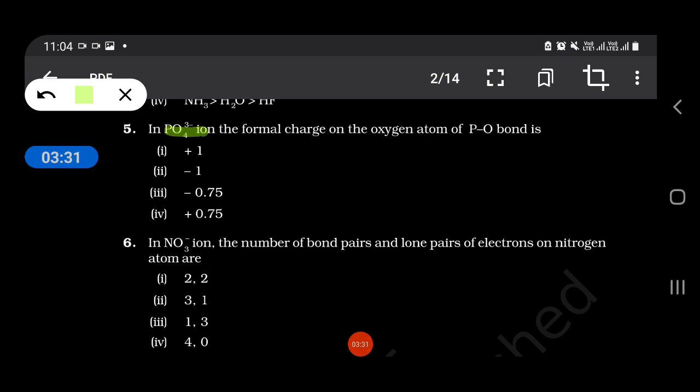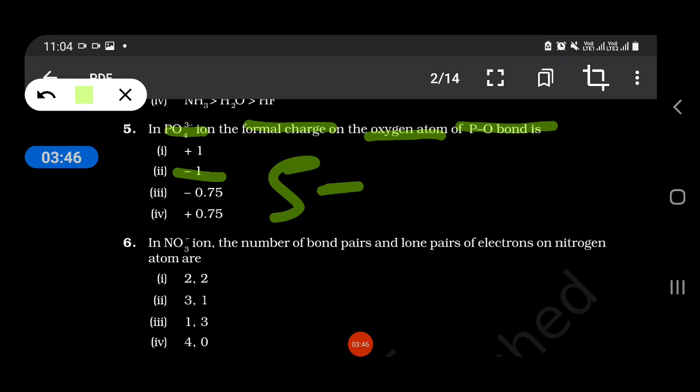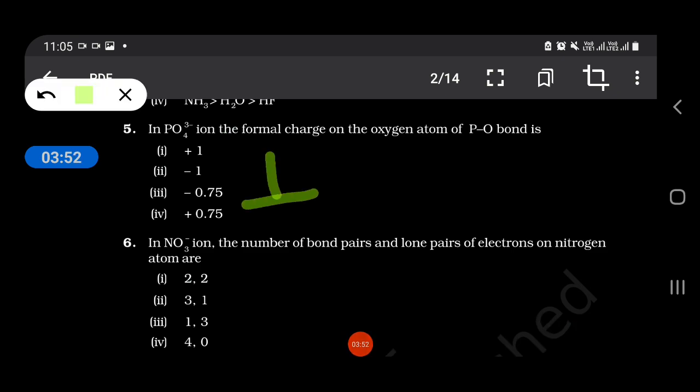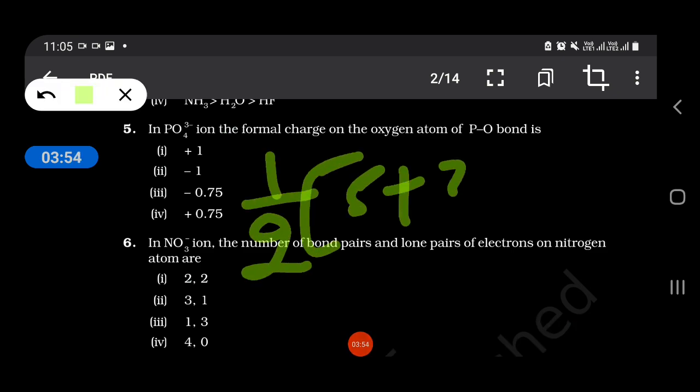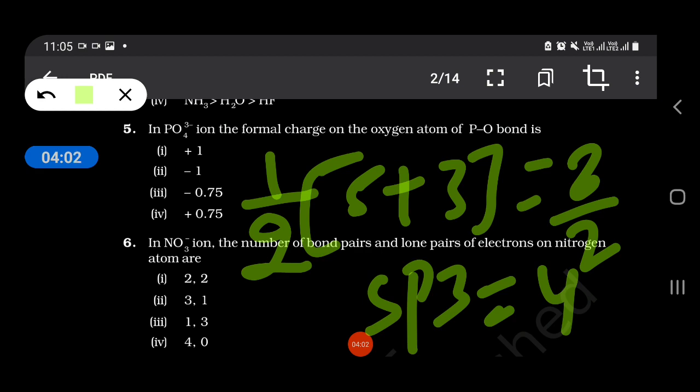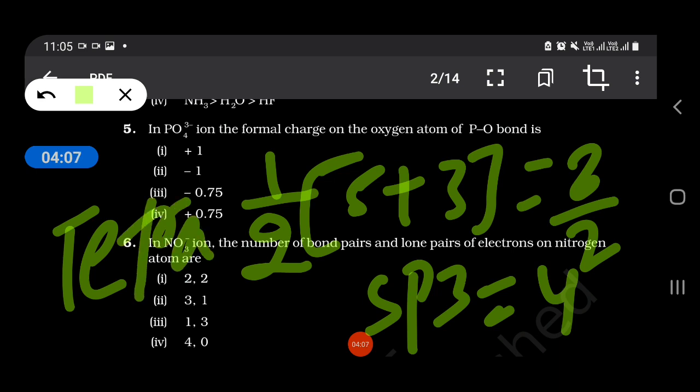In PO4 3 minus ion, the formal charge on oxygen atom of P-O bond is, so our answer is 2, that is minus 1. How we can find it? So firstly let's find the hybridization. 5 plus 3, that is 8 upon 2, that is 4, sp3. Okay, so it is tetrahedral.